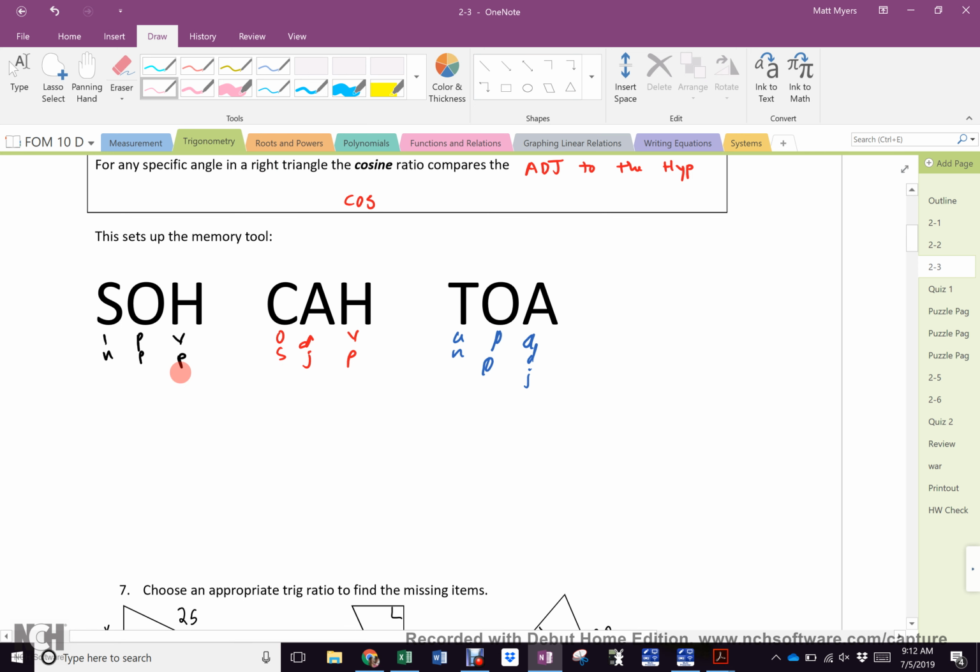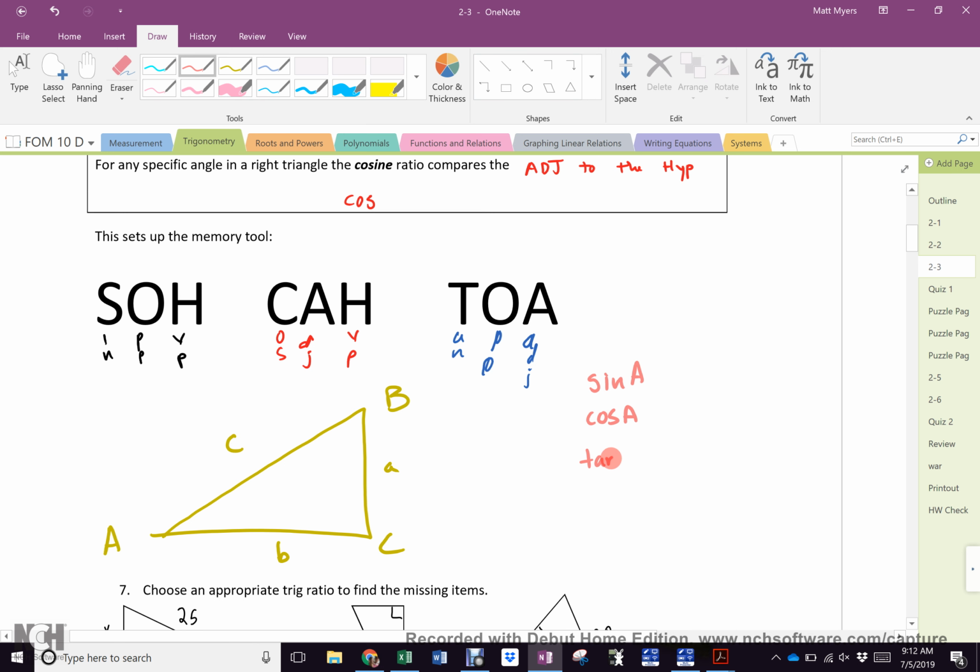So we are going to draw a triangle. We are going to label it the same way we just labeled the top one. You all, before the bell rings, are going to tell me the sine of A, the cos of A, and the tan of A. There's no numbers there, so you have to use letters.